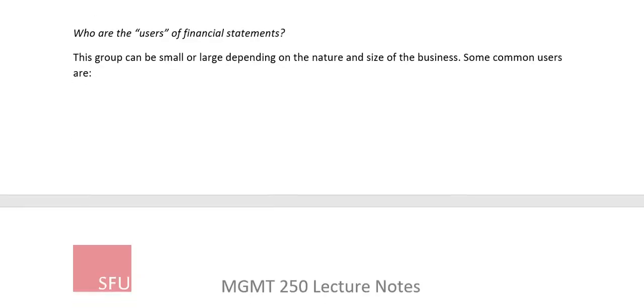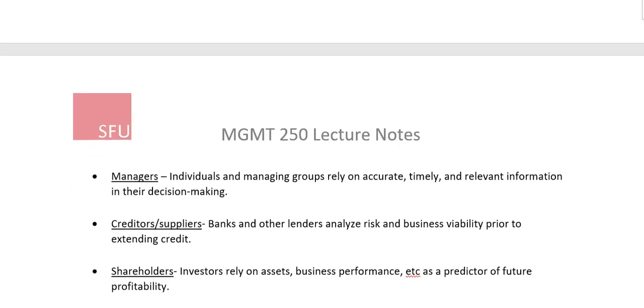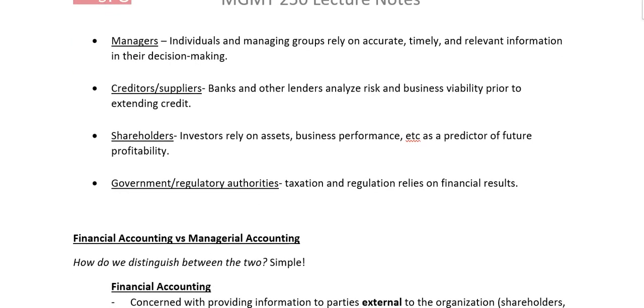So who exactly uses financial statements? This group can be small or large, depending on the nature and size of the business. Some common users are managers. So anybody in a decision-making position relies on accurate, timely, and relevant information in their decision-making process. We also have creditors and suppliers.